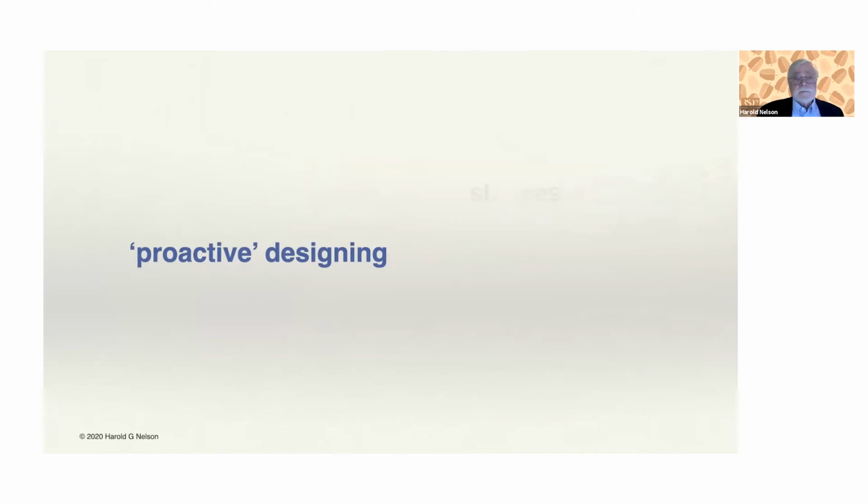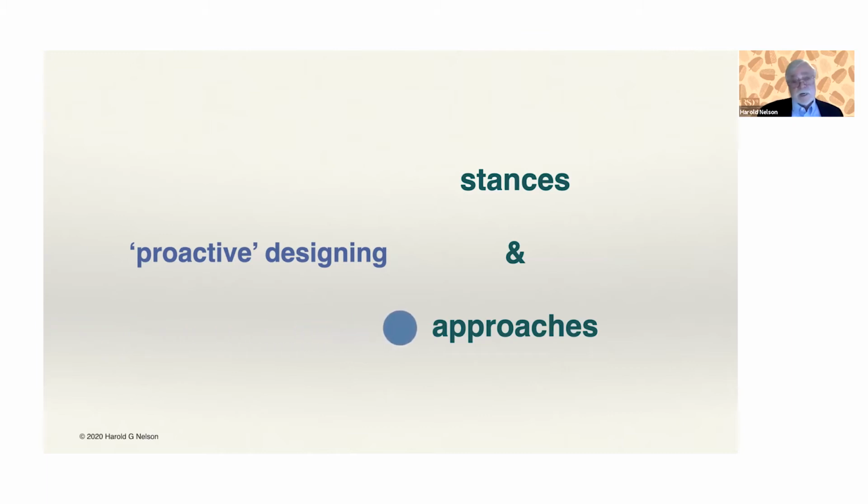So in the proactive path, there are two possible branches that appear. One is on stances towards design. One is on approaches to design. I chose to look at approaches in this case. However, I don't want to dismiss stances too quickly, because they're very important in designing. That's where we look at our internal approaches, our internal understandings, our mindedness, our mindfulness.